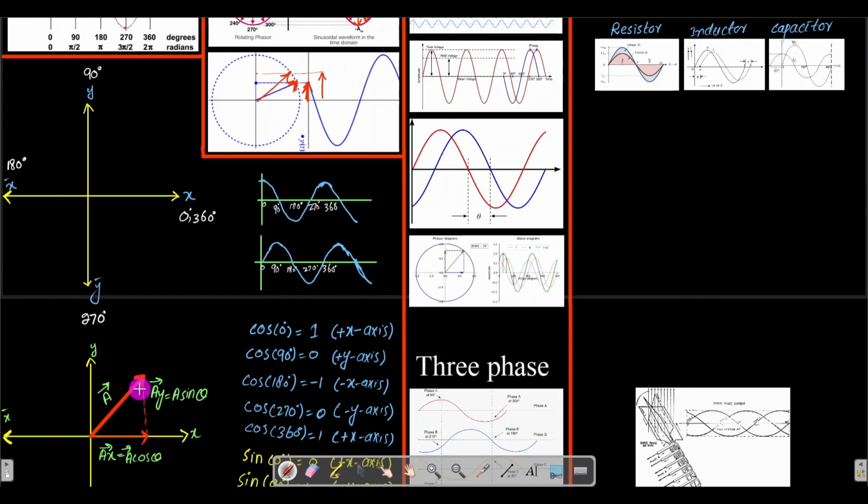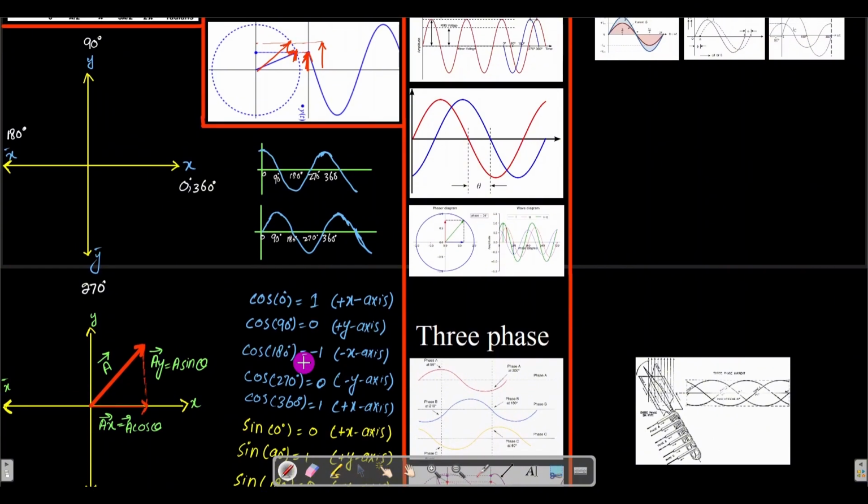Here sin theta is in the y axis, and in the y axis cos theta is 0, so we have to use that same concept here. So at cos 0, when that vector is present in this positive x direction, the angle is equal to 0, so cos 0 is equal to 1, that is the positive axis.